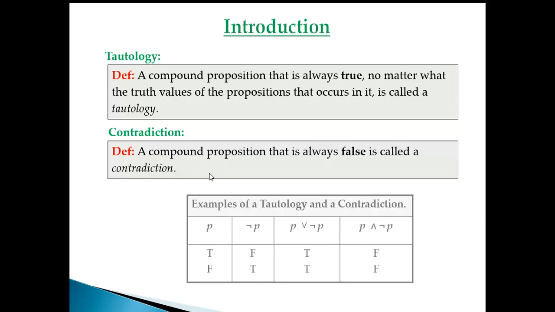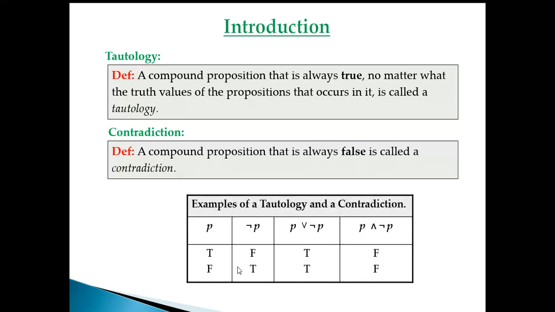So here we have the truth table of the tautology and the contradiction. One example: suppose we have a proposition p with values true, false. What will be the negation of p? That is false, true.